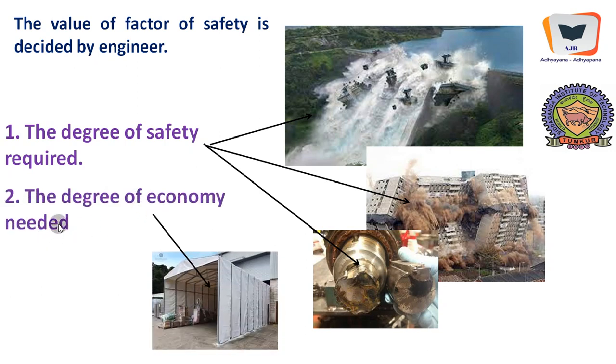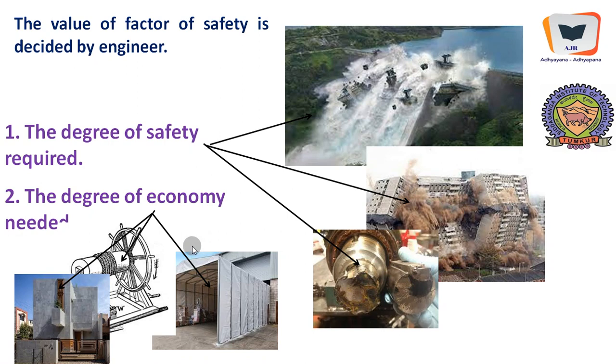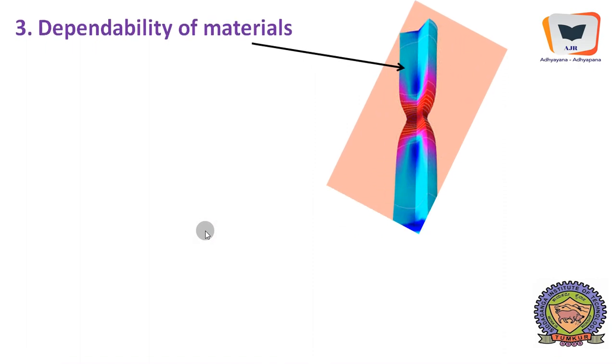The degree of economy also matters. For a temporary structure, a simple machine, and a residential building, the factor of safety will be low. And dependability of the material also matters, because if a component is made out of ductile material, it will show off during the failure.